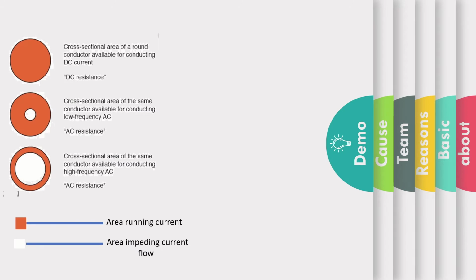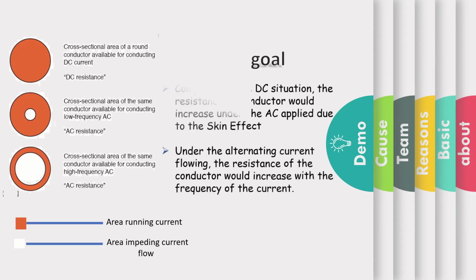As for the demo, we want to talk about it in terms of the cross-sectional area. If we apply DC current flowing through the conductor, the effective cross-sectional area would be the whole circle. With the increasing frequency, the effective area would become smaller and smaller. In order to demonstrate that, firstly, we would like to measure the resistance of a conductor under the AC current.